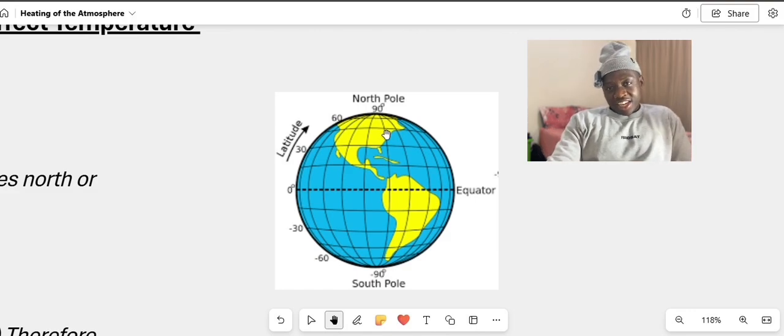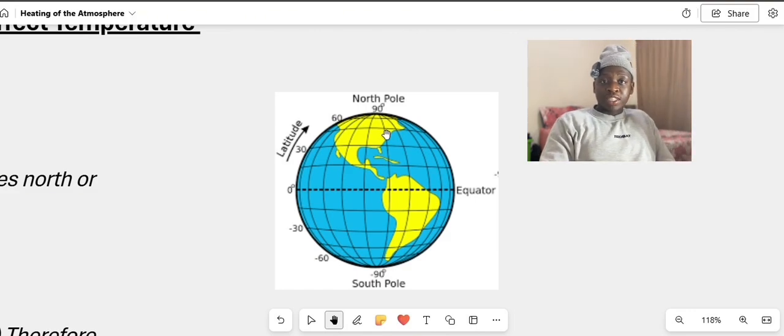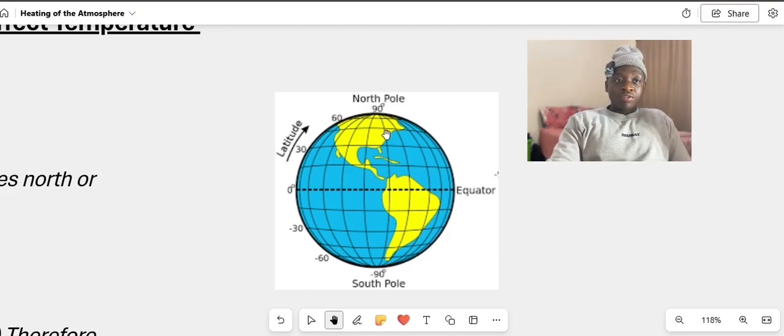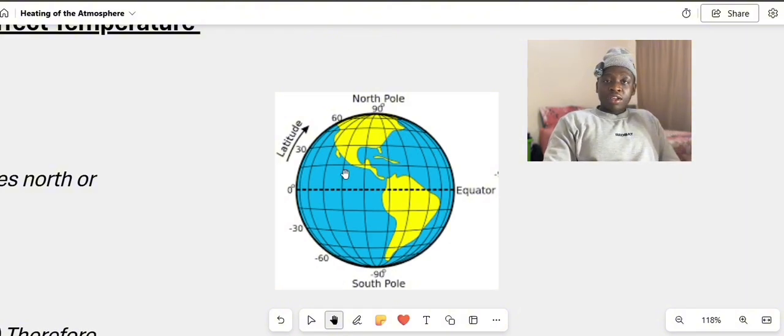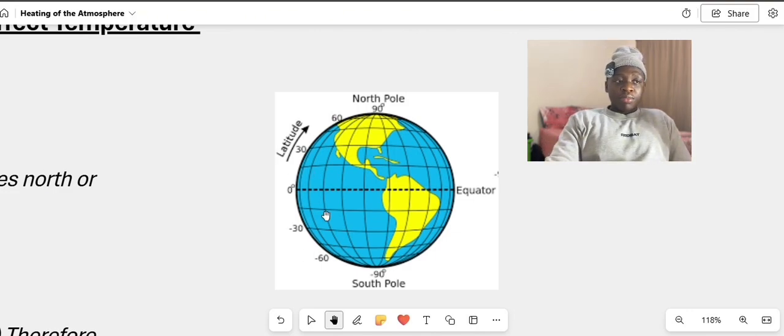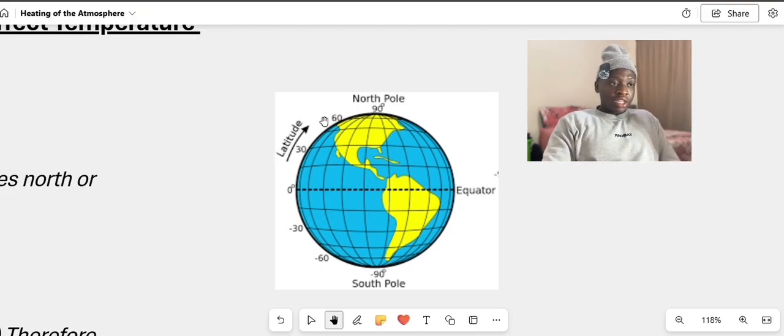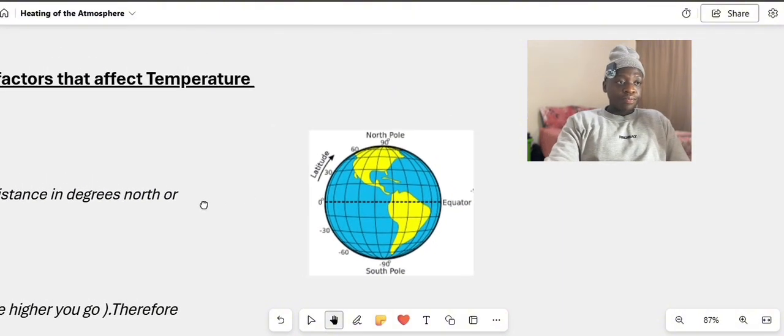If you recall from the movies that you've been watching, a soldier from the US embassy or somewhere in the movies can be told to look at south around 30 degrees. I'm just giving an illustration of how latitude helps us find the location of places.